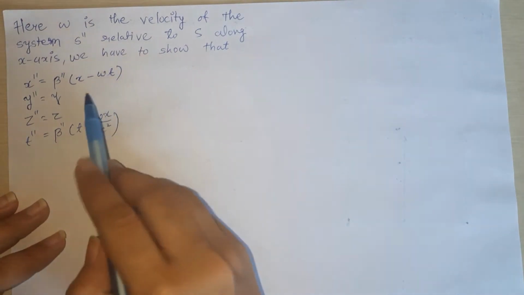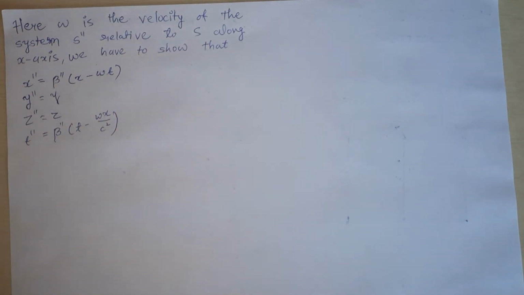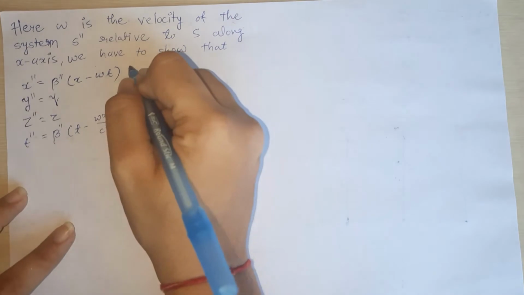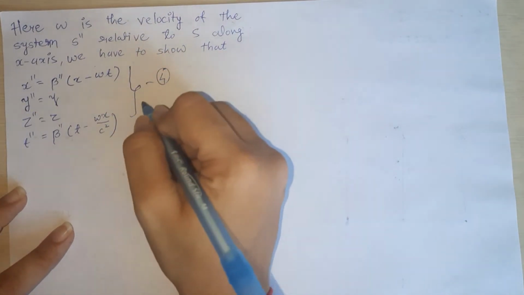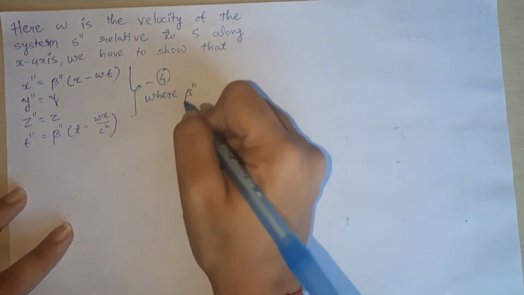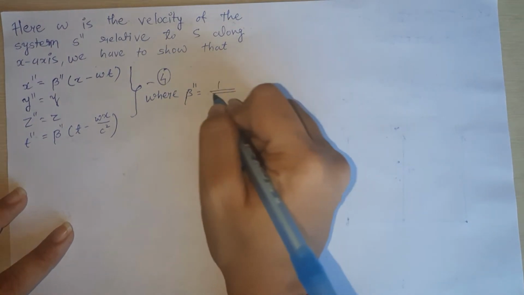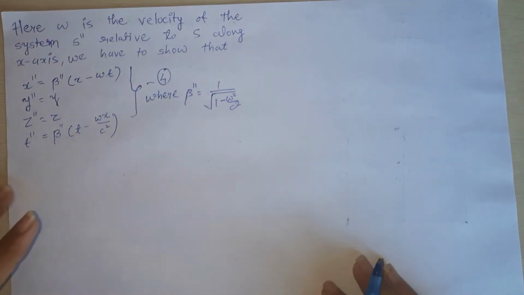Here, in place of the velocity we write W, where W is the resultant of u and v. Let us name this equation 4, and here the value of beta double dash is given by 1 upon under root 1 minus W square upon c square.